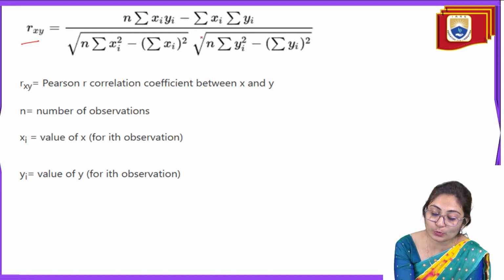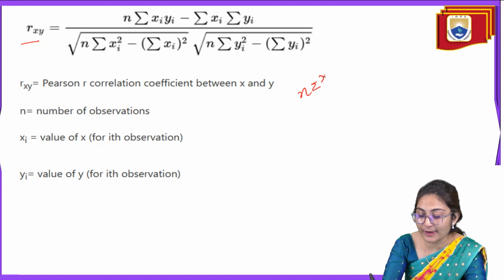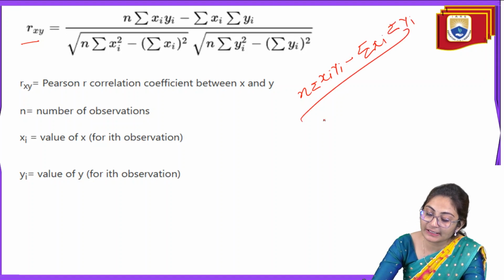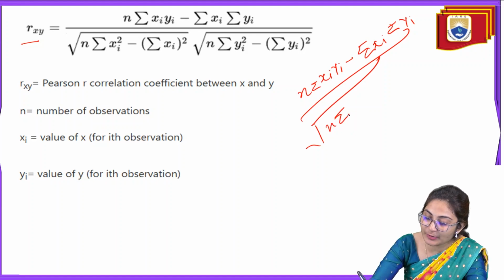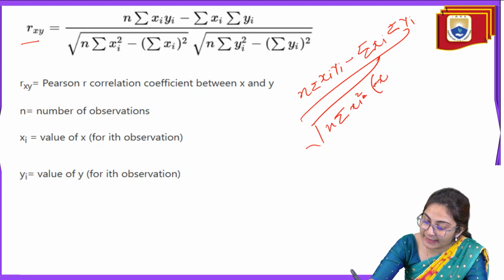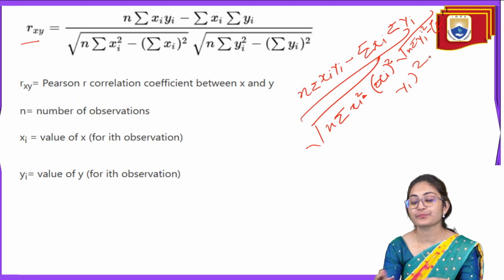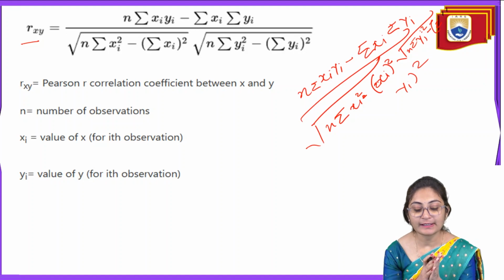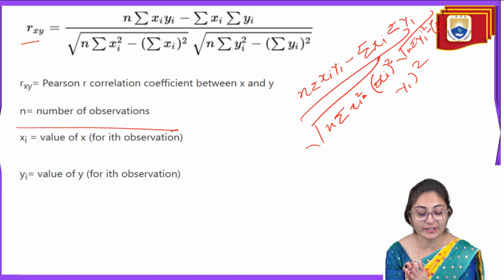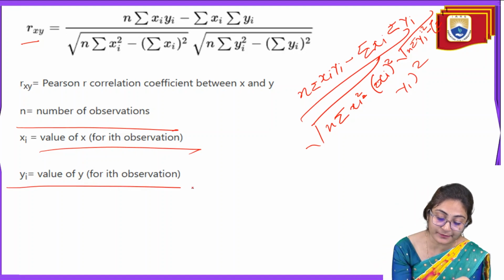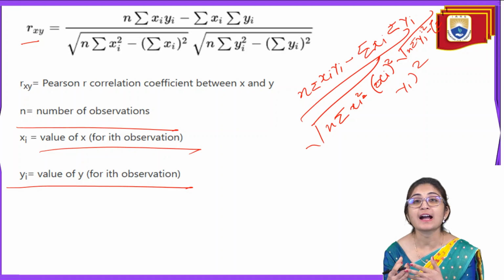Rxy is equal to n times the summation of xi yi minus the summation of xi times the summation of yi, divided by the square root of [n times the summation of xi squared minus (the summation of xi) squared] times [n times the summation of yi squared minus (the summation of yi) squared]. So Rxy is the Pearson r correlation coefficient between x and y, n is the number of observations, xi is the value of x for the ith observation, and yi is the value of y for the ith observation.